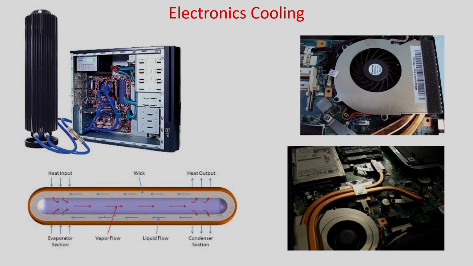If you see the laptop or any mobile, you can see that it is very thin and it is very difficult to put the fan over the chip. So, for that generally heat pipes are used. So, you can see these are the fan over this chip, and in forced convection these are cooled, and in laptop you can see these are the heat pipes.